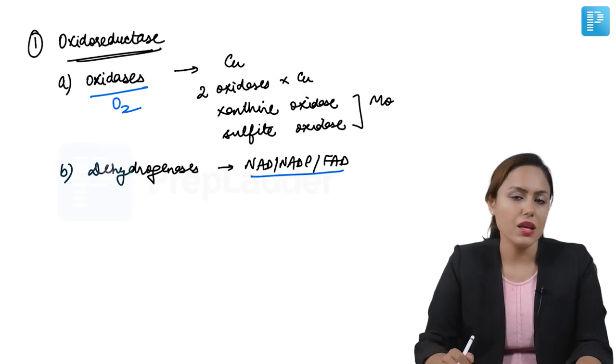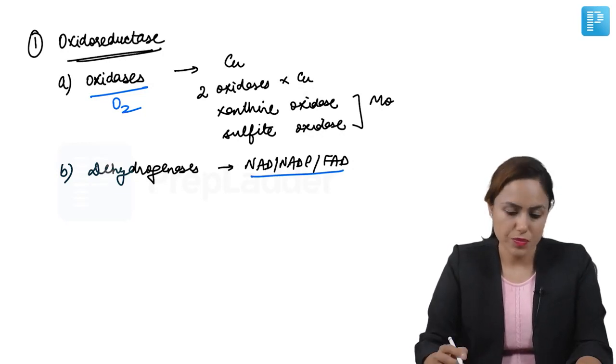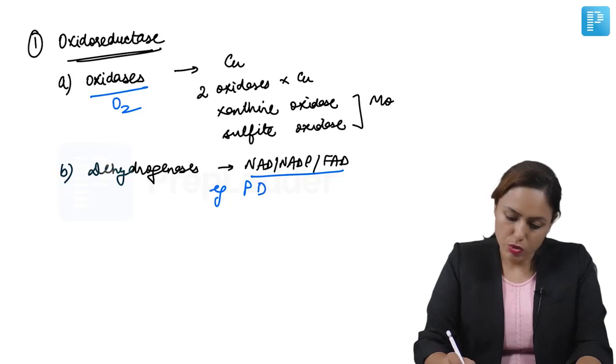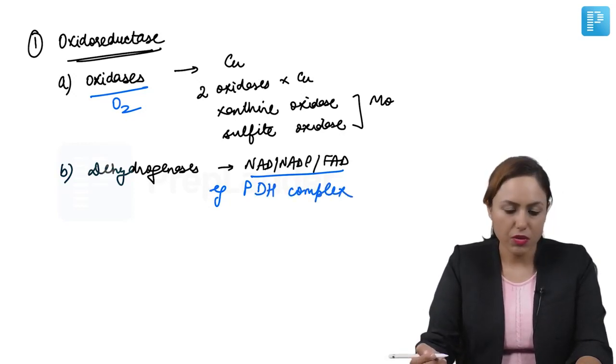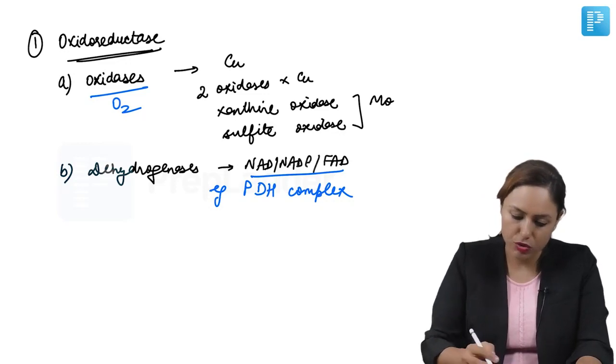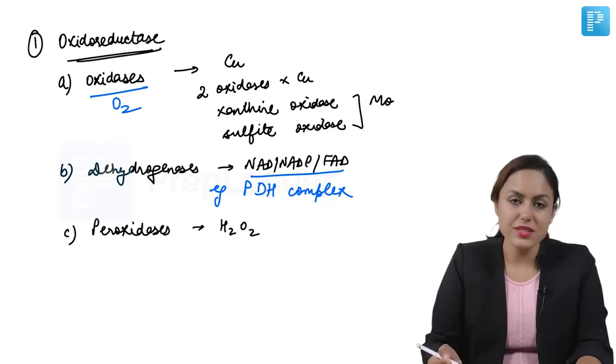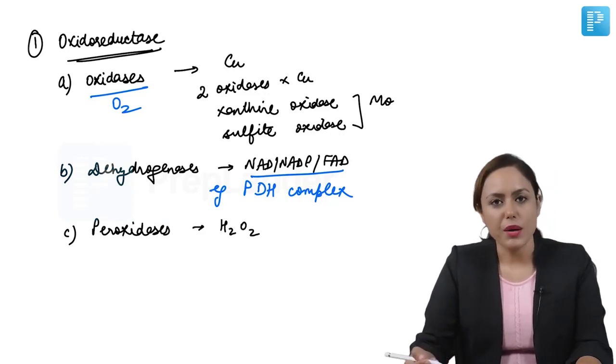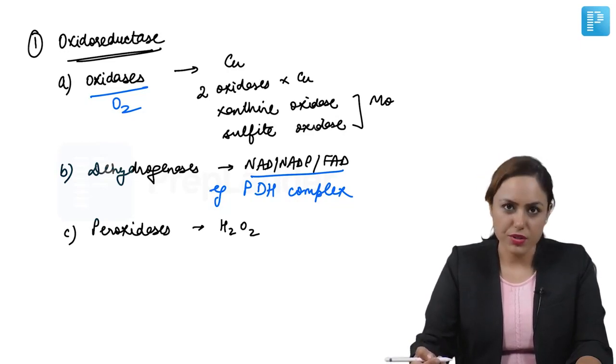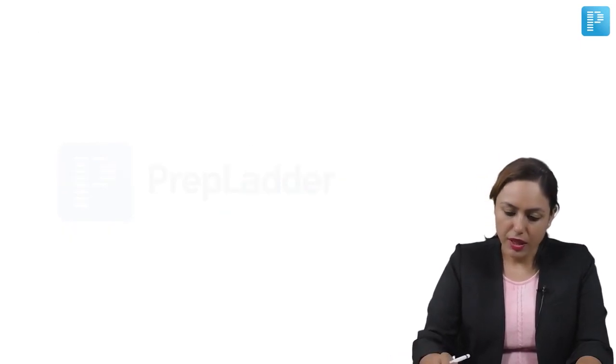Dehydrogenase uses NAD, NADP or FAD as hydrogen acceptor. Example, pyruvate dehydrogenase complex of link reaction, right? Then we have peroxidases. Peroxidases use H2O2 as hydrogen acceptor. Example, glutathione peroxidase.